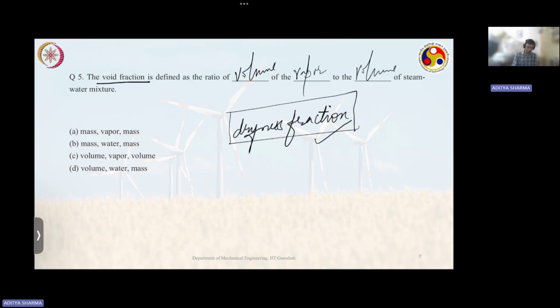So mass is not correct, and water also in the second fill in the blank is not correct. So it's the ratio of volume of vapor to the volume of steam water mixture, right? Dryness fraction is mass of vapor in your steam water mixture to the whole mass of your mixture.